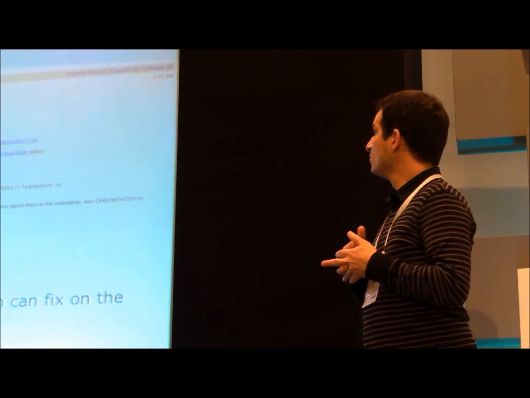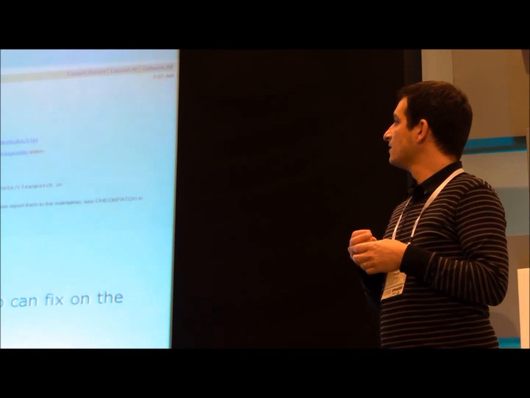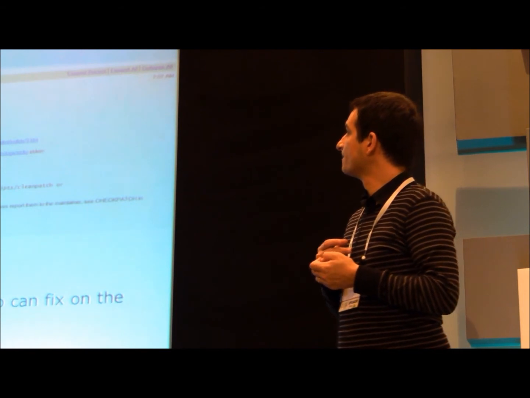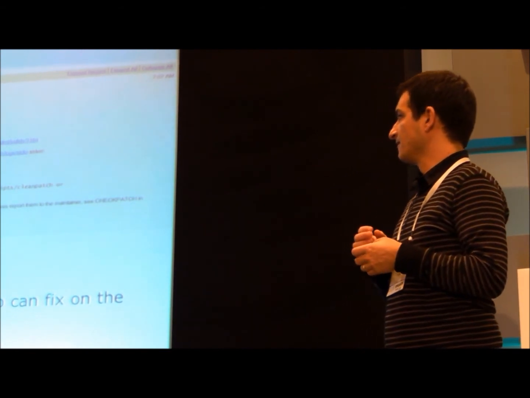Usually within 10 minutes after the repo upload has been done, you will have feedback, an email sent to the user: hey, you are not passing checkpatch, just go ahead and fix your code.